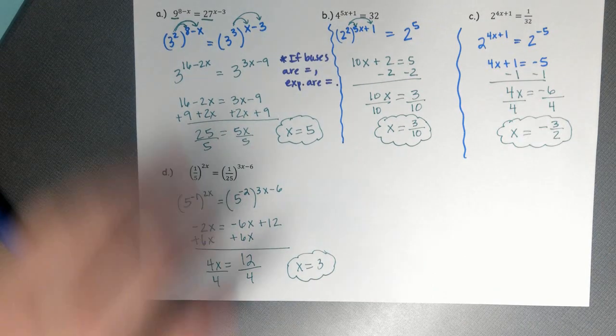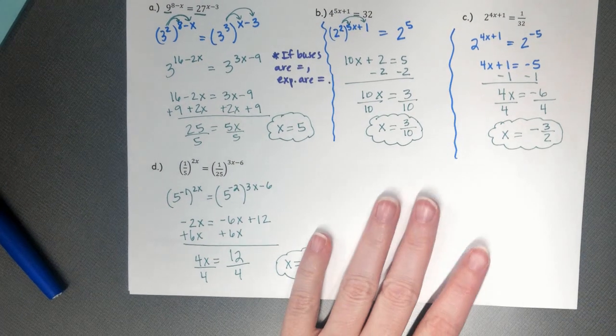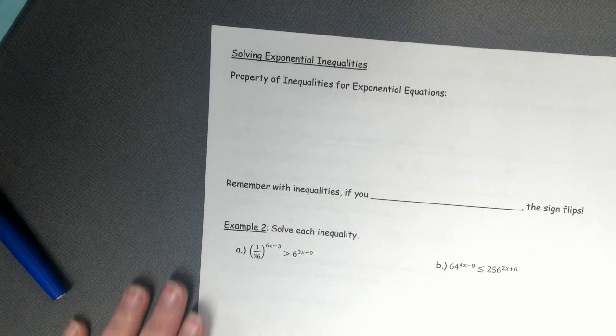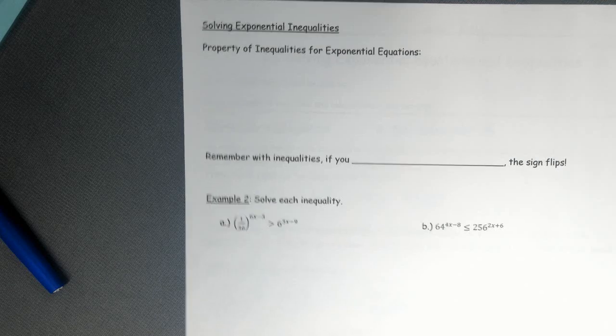Okay, now the only other thing we're learning today is how to do this with inequalities, and it is very, very similar. Okay, so the property of inequalities for exponential functions, you have 2 rules.